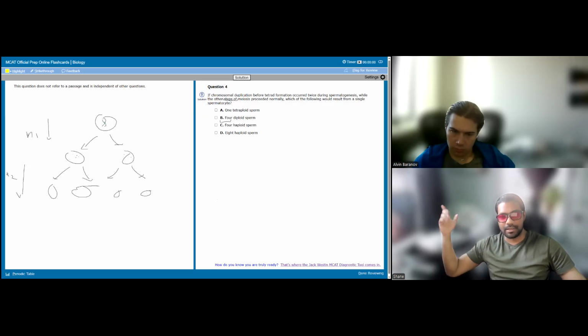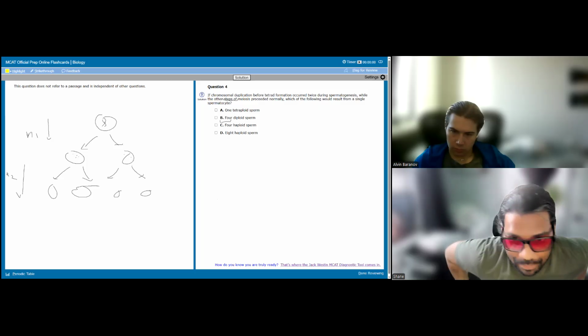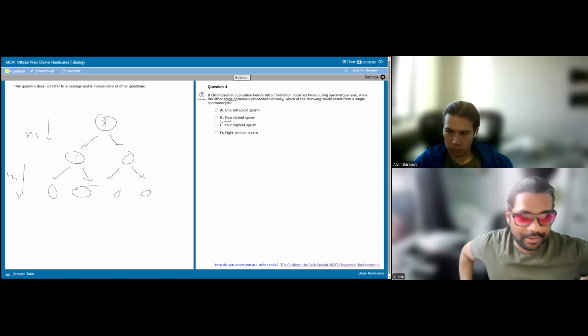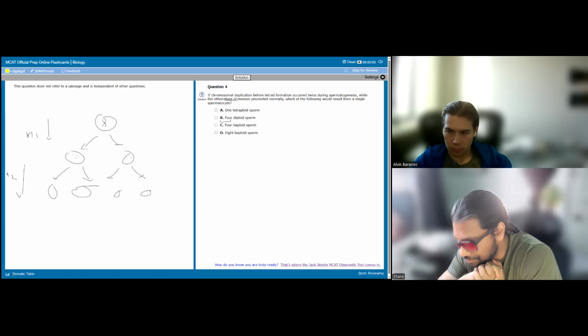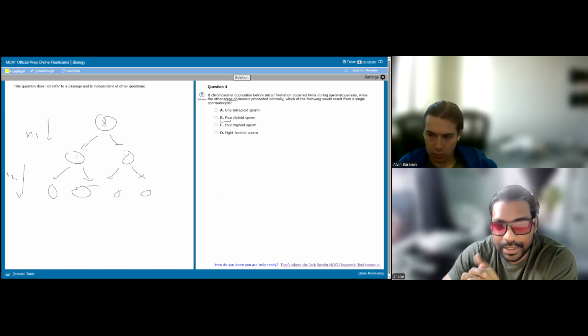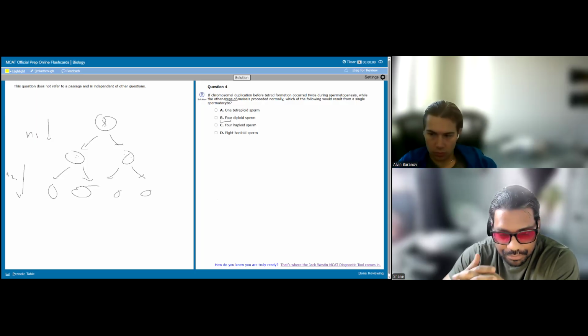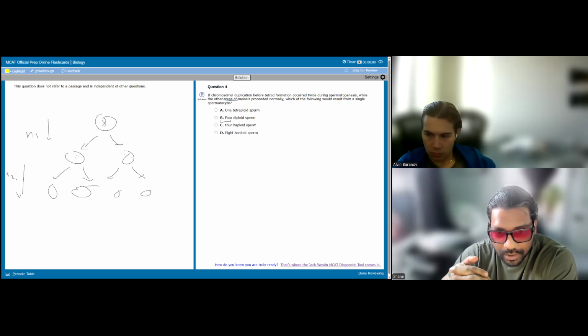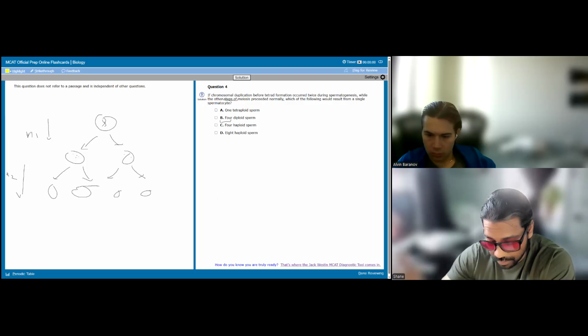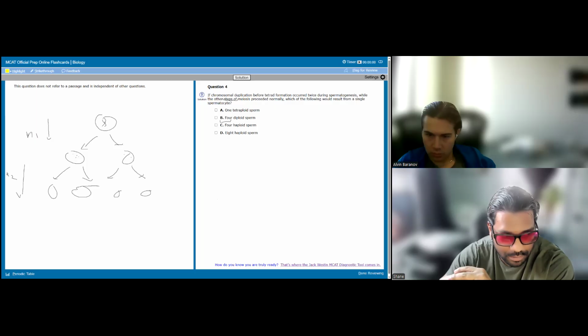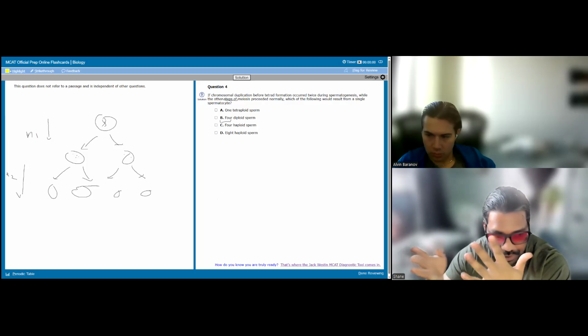So that's why they need to double the content before that in the S phase. So we should have four ending cells because that's what happens after meiosis one and two.